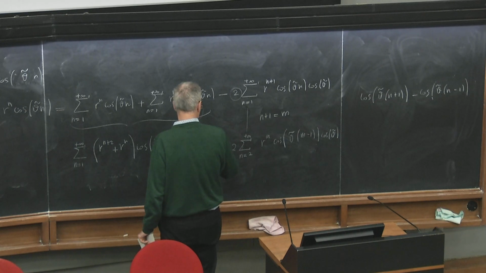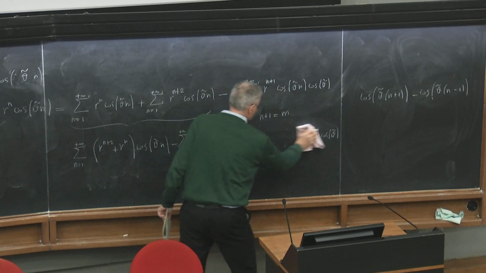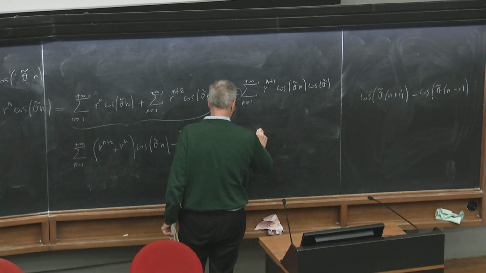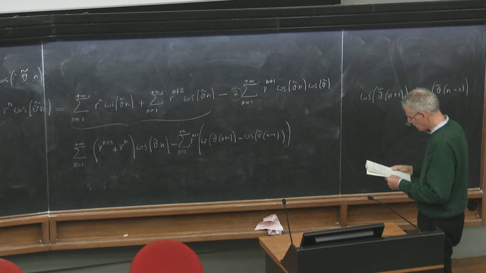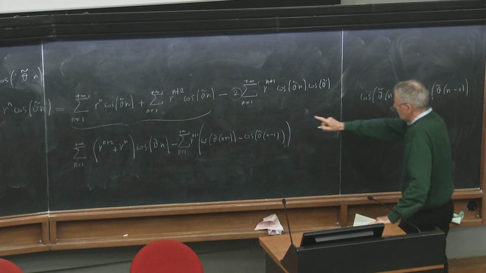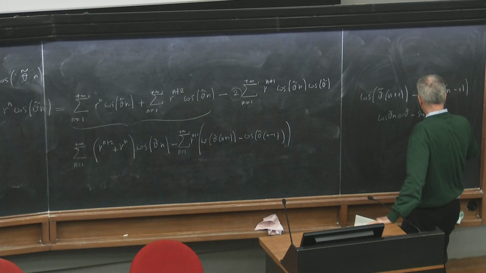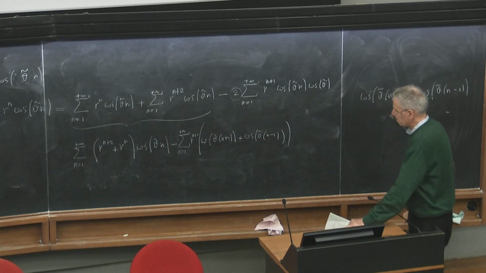from 1 to plus infinity of r to the n plus 1 cosine theta tilde n plus 1 minus... Okay, maybe there is a plus, because this is a 2 cosine, without the 2.